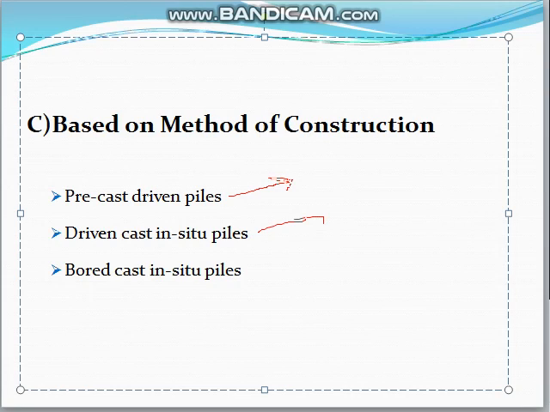Generally, driven piles are driven into the soil strata by the impact of a hammer. Boring is not used in this case. When a pile is driven into granular soil, it densifies the soil and increases the stiffness of the soil.